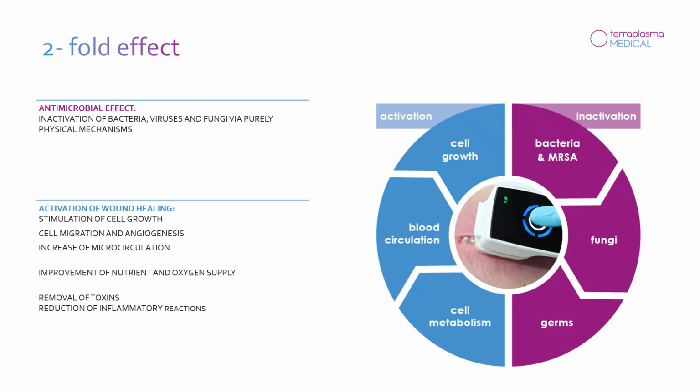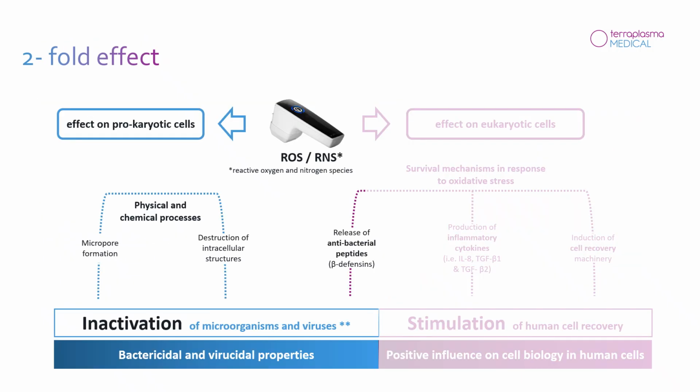This slide shows the two-fold effect or dual effect of CAP. One effect works on bacteria, the other effect works on human cells. We explain both effects in detail on the next slide. So take a look at the effect on bacteria. CAP acts on prokaryotic cells, meaning it acts on bacteria.